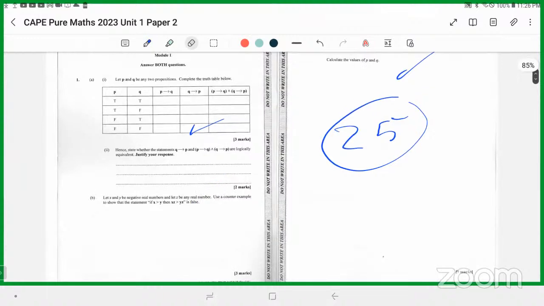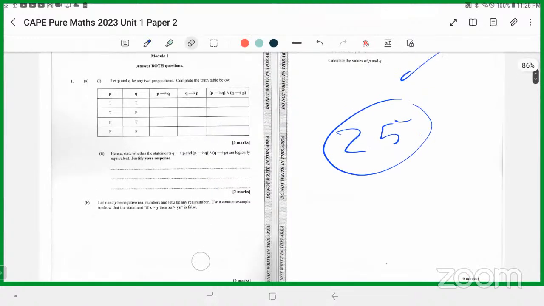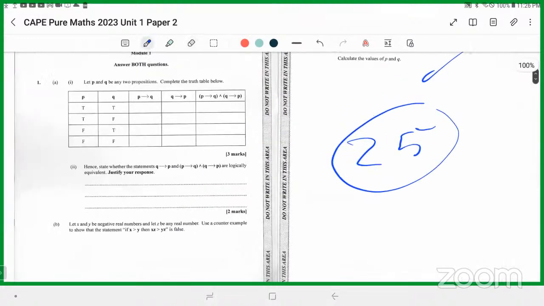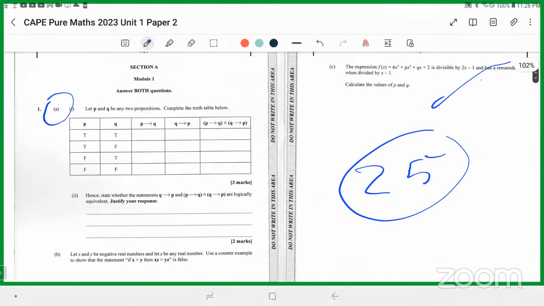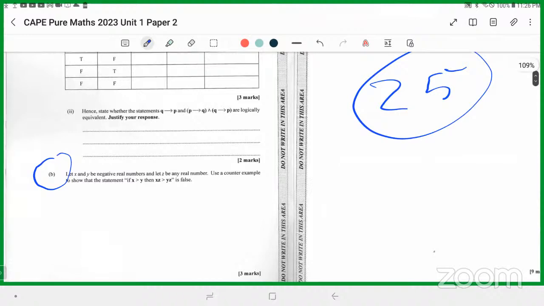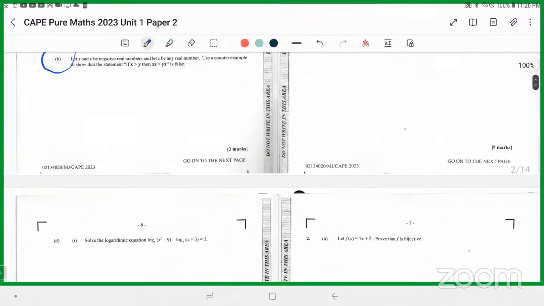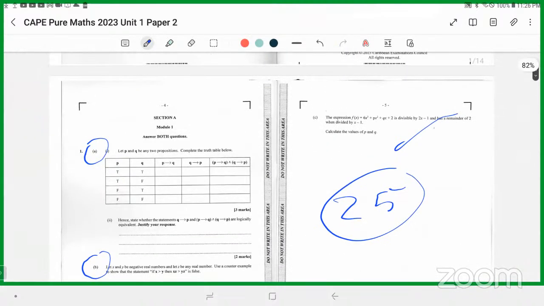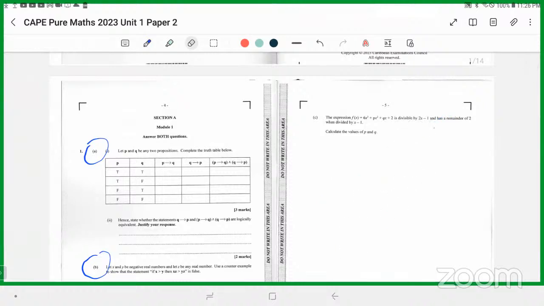You must notice it. Each part is a different question. So look at number 1. A is a truth table. B is a proof by counter example. That's a different question from over here, C. C is a polynomial. Three different questions. Look again.